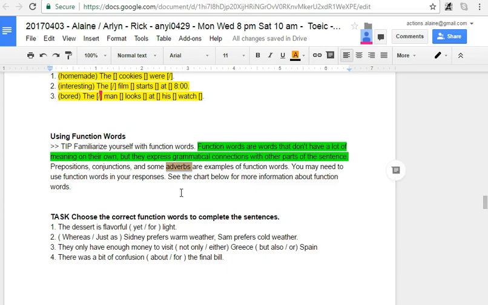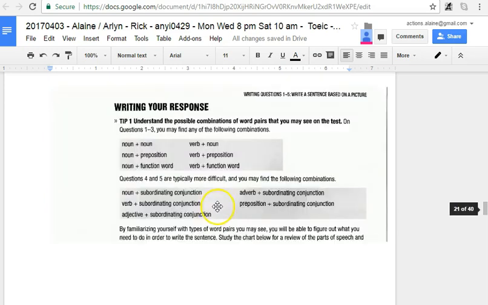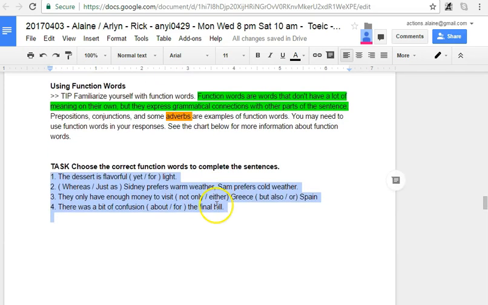All right, so now we will be doing another task for us to see how well you understood the function words. What I want you to do is to answer numbers 1 to 4, and choose the proper word for each sentence. All you have to do is put an underline.